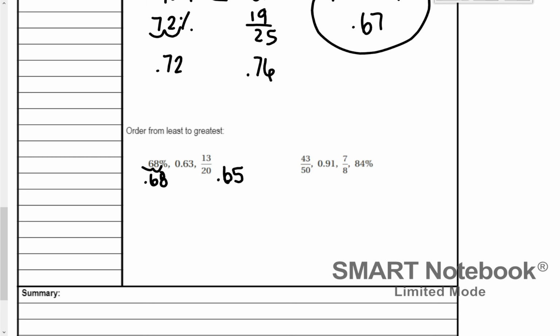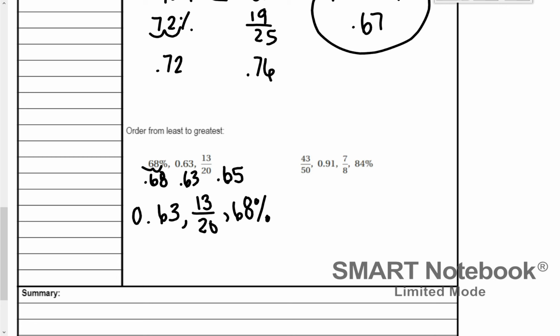Now when I make this list from least to greatest, I'm going to put them in their original forms. So I look at these new numbers, and 0.63 is the least, so I'm going to look to how it was written at the beginning, and that's how it's going to look in my list. Then I go to 0.65, but it wasn't written as 0.65, it was written as 13/20ths. And then it's 0.68, but it wasn't written as 0.68, it was written as 68%. So I'm putting it back into that original form for that list.